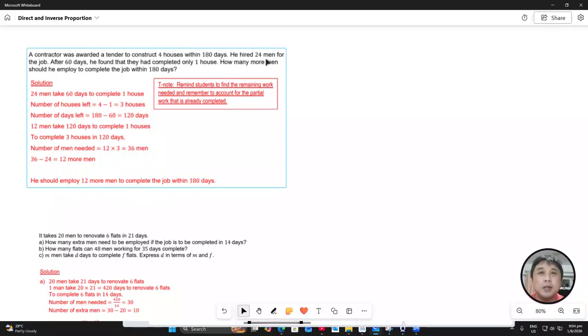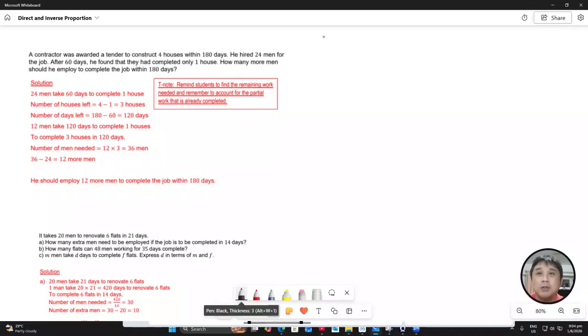We have houses, definitely, so I will use H for the houses. Then we have the days, and we have the men. What can we do if we want to form an equation? The first thing is, if you notice, we have this given: 4 houses within 180 days.